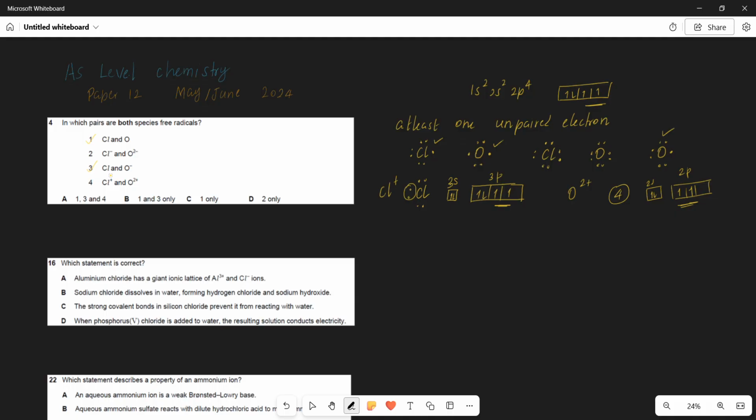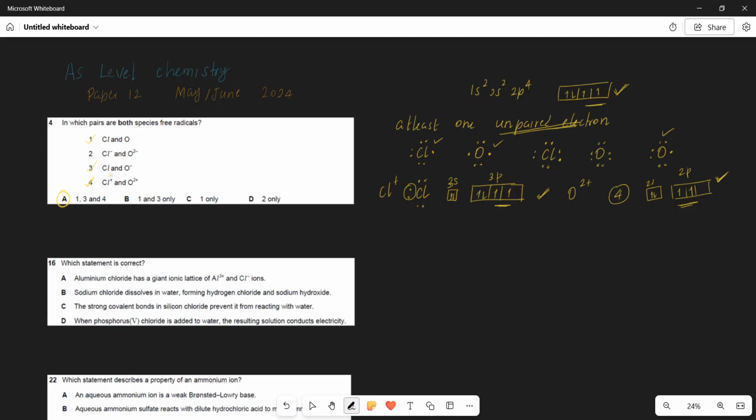So again it's a free radical. So the choice is A. The basic idea for solving this question is unpaired electrons: try to draw the electronic configuration, and if you find unpaired electrons, then that is the free radical.